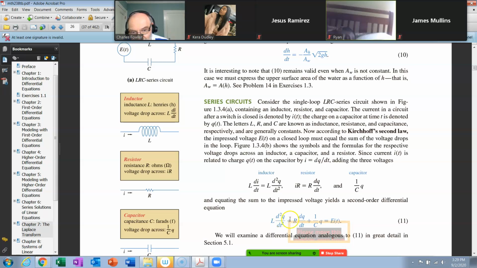All of these are functions of time. Even the charge is. They don't put it there, but it is. You know it is, because here you're taking a derivative with respect to time. Here you take a second derivative with respect to time. So the charge, q, is a function of time, and those added together, or if some of them are negative, subtracted, or whatever, gives you the EMF, or the voltage as a function of time.